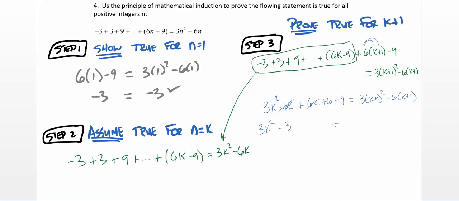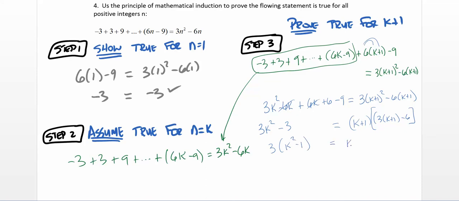So on the other side here, if I take out a k plus 1, what I have left is a 3 times k plus 1, and then minus a 6, if I do this. Okay, so this ends up being 3 times k squared minus 1.